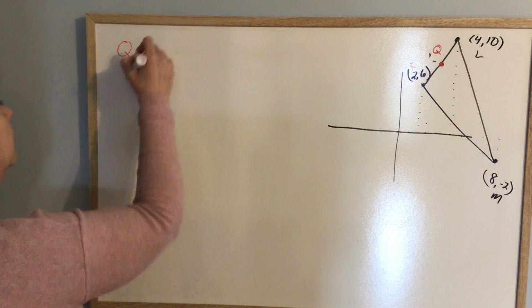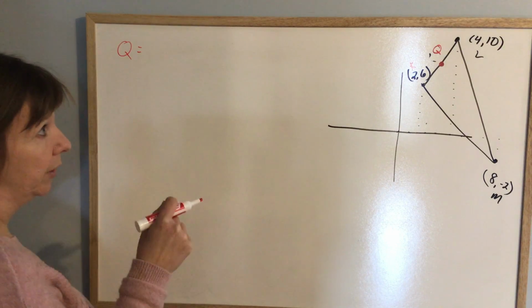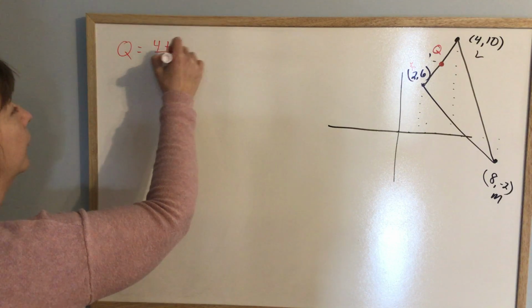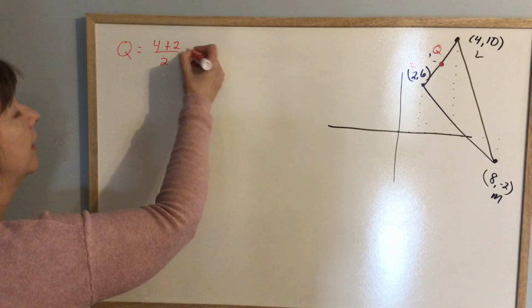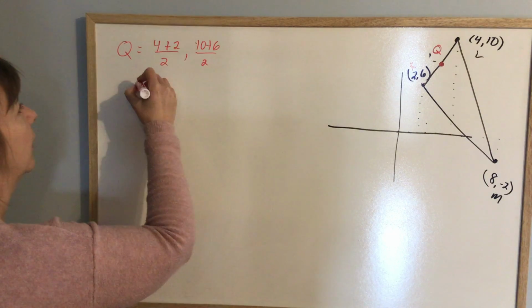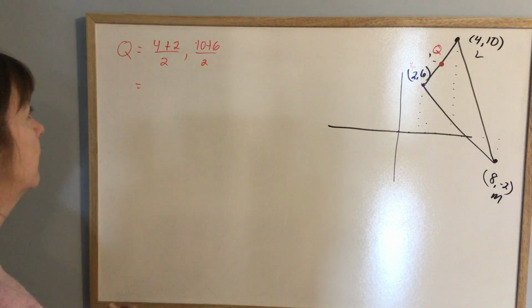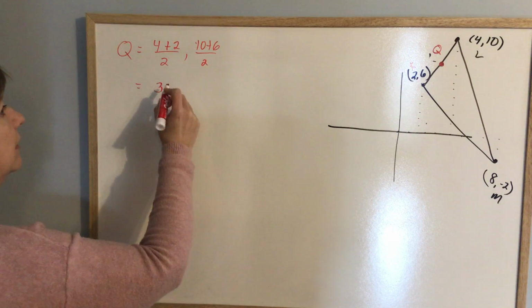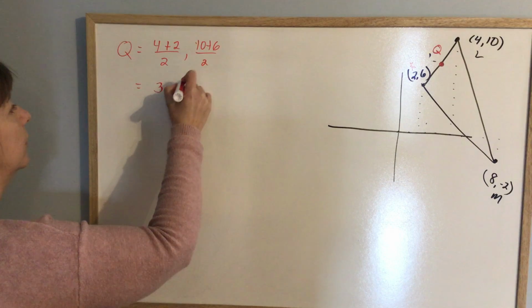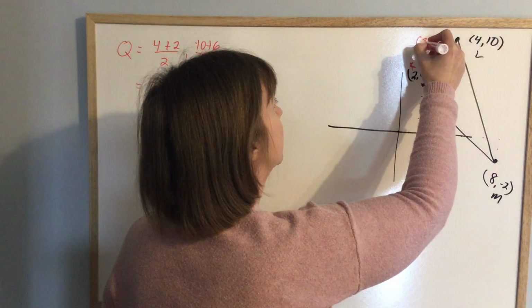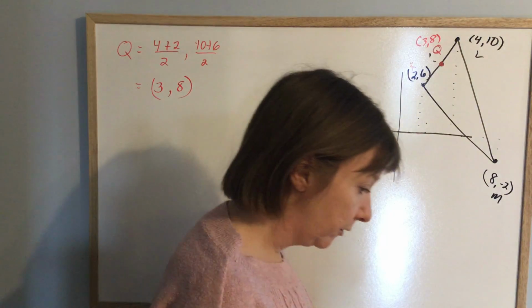I have to figure out the x, so I'm going to add the x's together, 4 plus 2, and divide by 2. And for the y's, I'm going to add 10 plus 6 and divide by 2. So 4 plus 2 is 6, divided by 2 is 3, and 10 plus 6 is 16, divided by 2 is 8. So point Q is at 3 and 8.